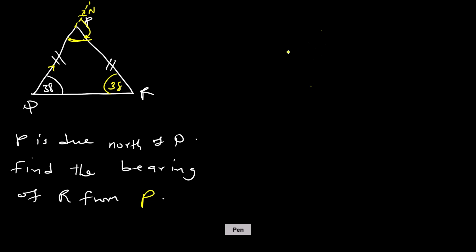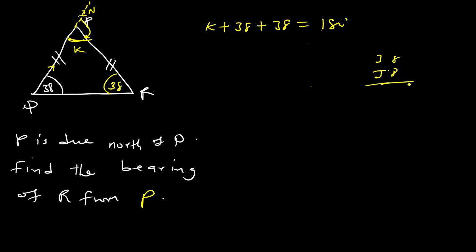So let's find this side. Let's call this side K. So K plus 38 plus 38 gives us 180 degrees. So 38 plus 38 is 76.